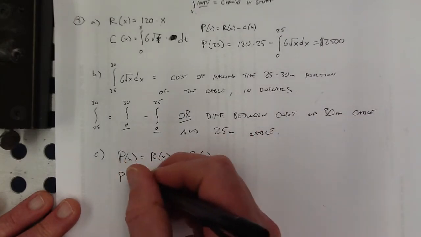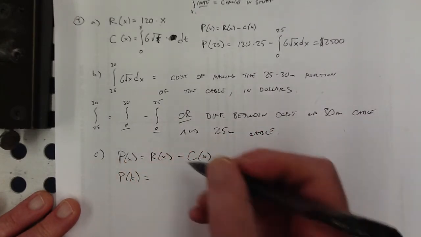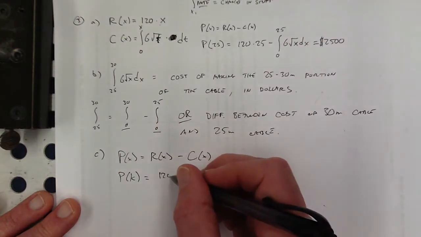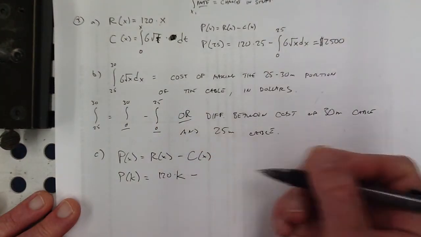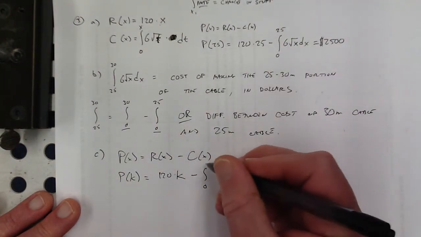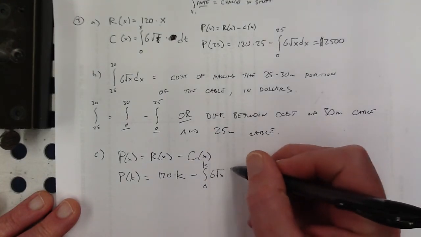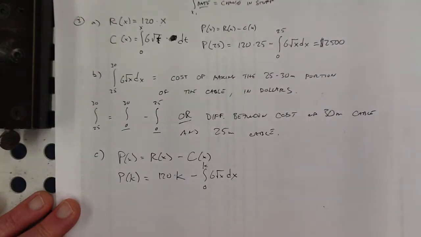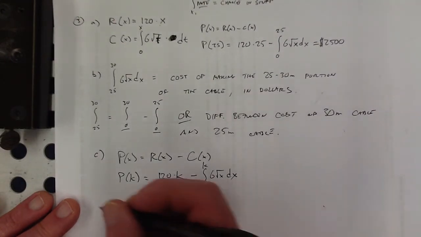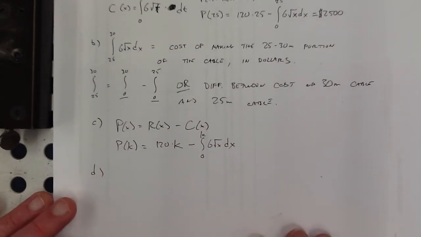So the profit on a cable that's k meters long is the revenue, which is 120 times k, minus the cost, which is the integral from 0 to k of that. That was easy. Kind of set myself up for that already, I guess.